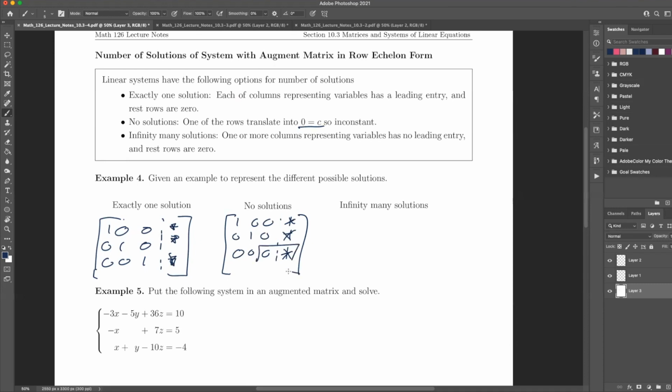If you have this, that means no solution. That means 0 is equal to a constant. And we'll remember from the last two sections that means it's inconsistent. Inconsistent means it doesn't have an answer, so no solution. Consistent matrices have answers. So this is consistent. I'll write that there.